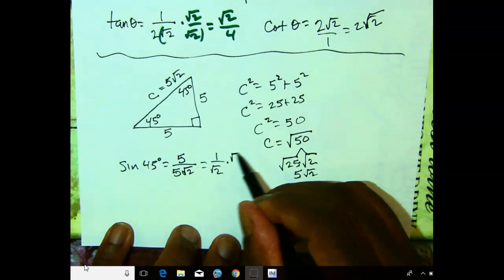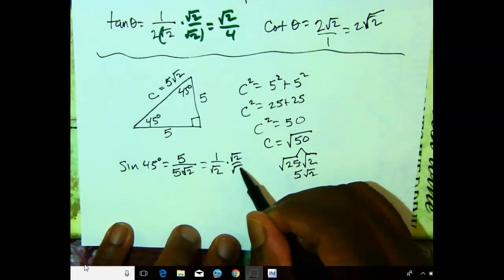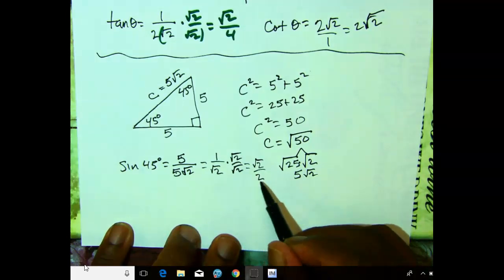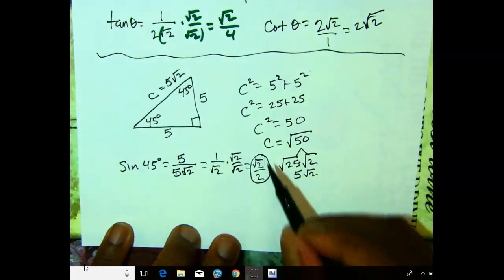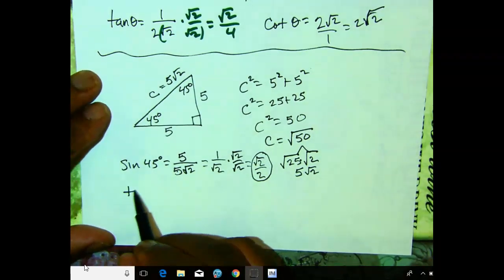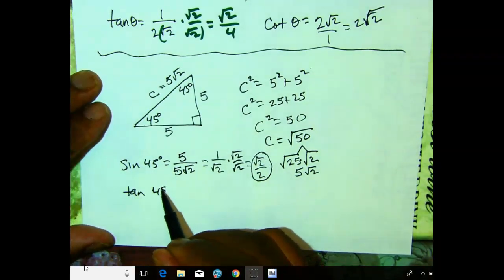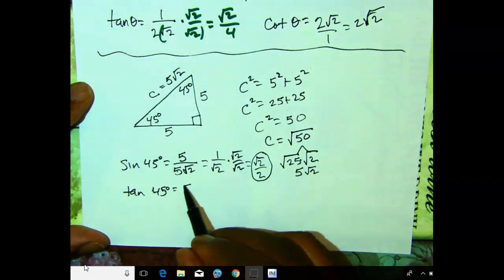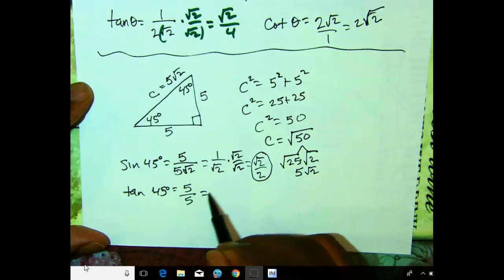And when we rationalize our denominator, we're going to get root 2 over 2, which is exactly what we got on the unit circle. Tangent of 45 degrees is opposite divided by adjacent, which is 5 over 5, so that is 1.